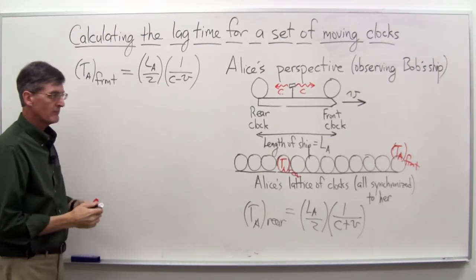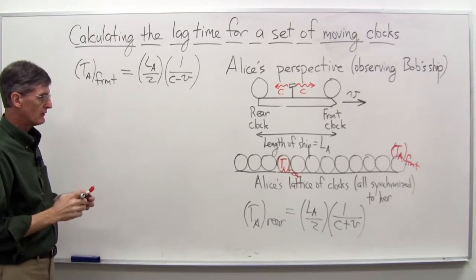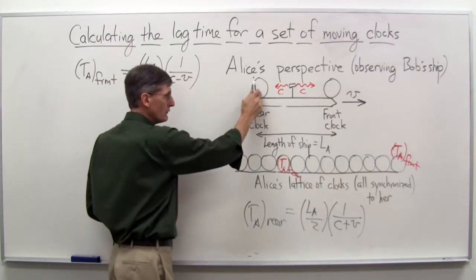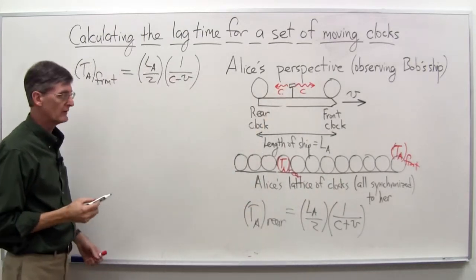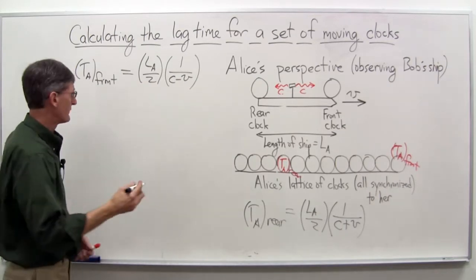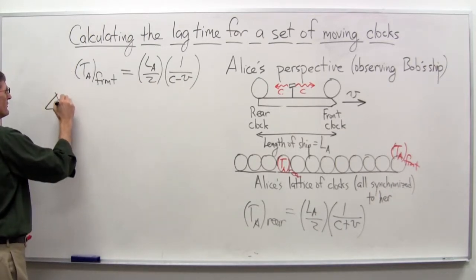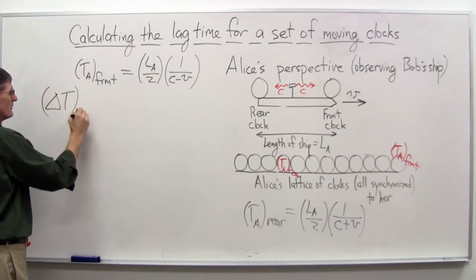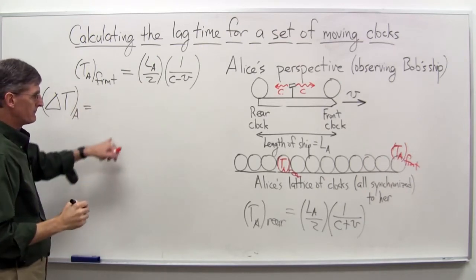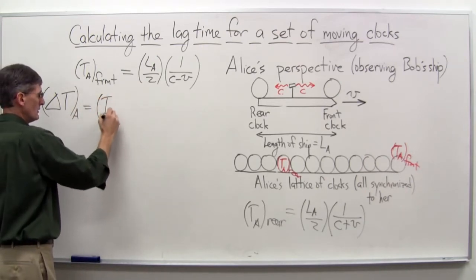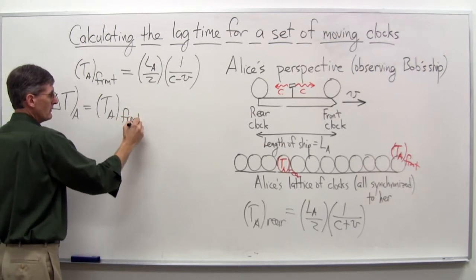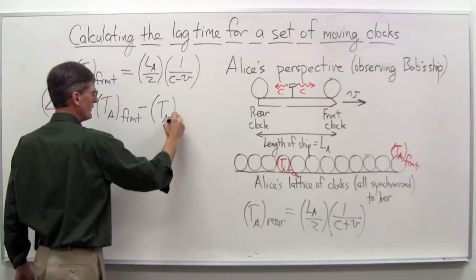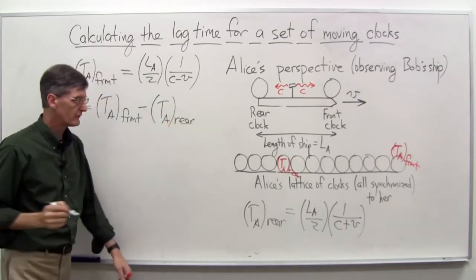Again, we're thinking about Alice here. So what is the time difference that Alice reads on her clocks between when the light beams hit Bob's front and rear clocks? Well, that time difference, for which we often use the delta symbol, of course, delta T for Alice is going to be simply TA front, the time when the front light beam hits, minus the time when the rear light beam hits.